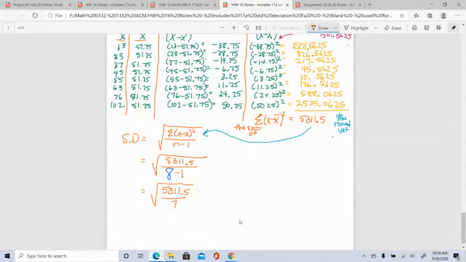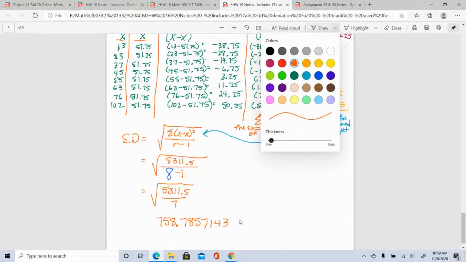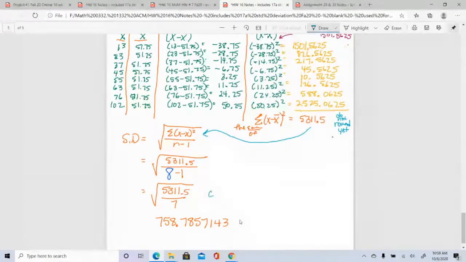5311.5 divided by 7 is 758.7. Now, I do not want to round this. In fact, I'm going to leave it on my calculator. So try that on your calculator. On my calculator, I did 5311.5 divided by 7.